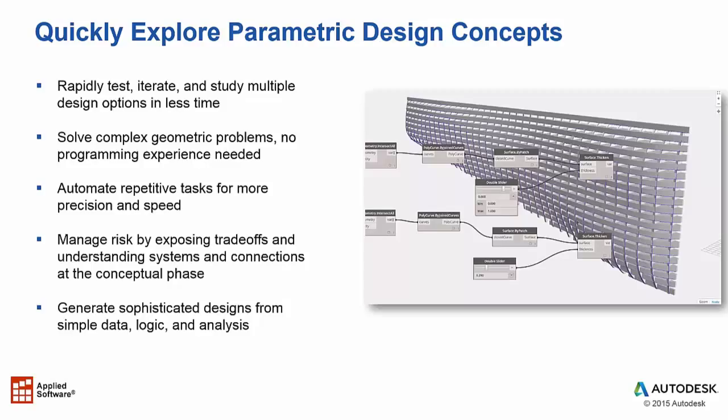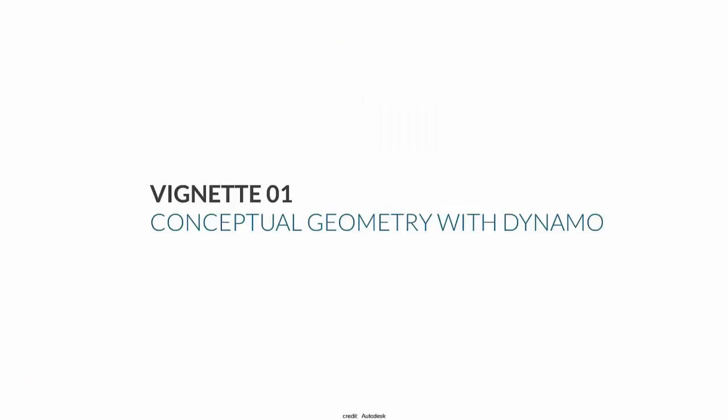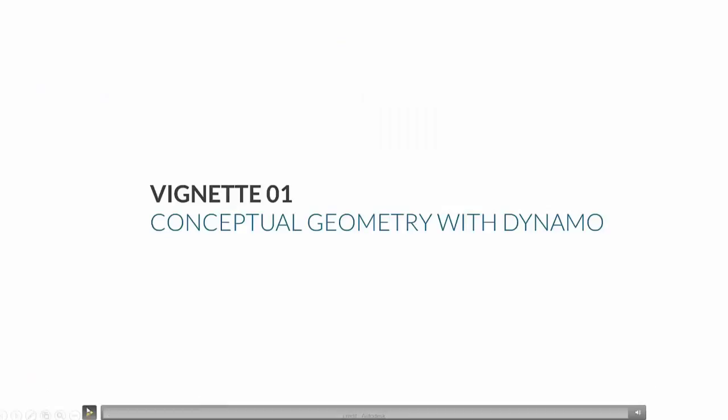So Dynamo automates the repetitive tasks and manages the risks by exposing trade-offs and understanding systems and connections at the conceptual phase. And as a result, you generate sophisticated designs from simple data, logic, and analysis. Let's take a look at how Dynamo puts together this design.